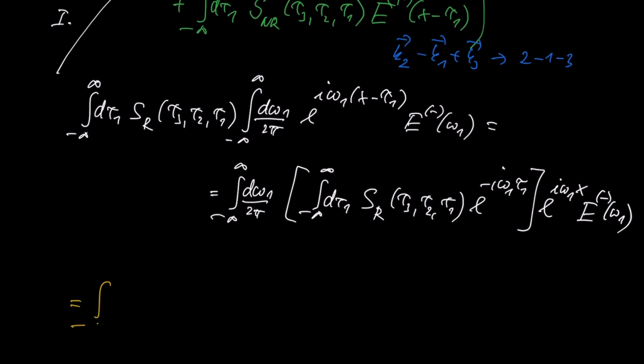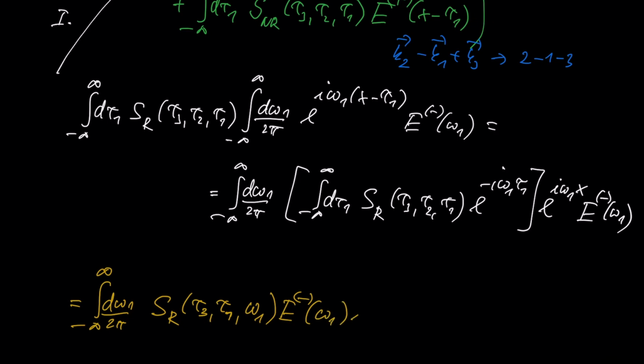So we will have the Fourier transform of a function S_R, which will now have two time arguments, and the last argument will be Fourier transformed into some omega 1. And here we have E minus omega 1 and e to the power of i omega 1 (t minus tau 3 minus tau 2).